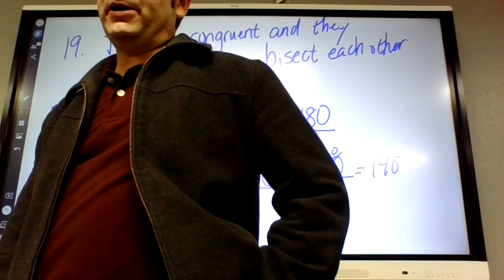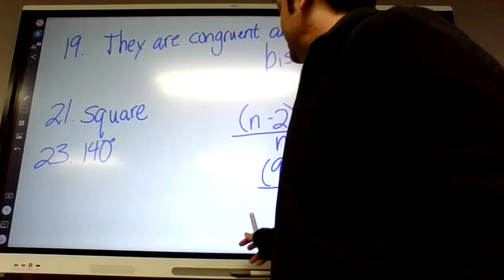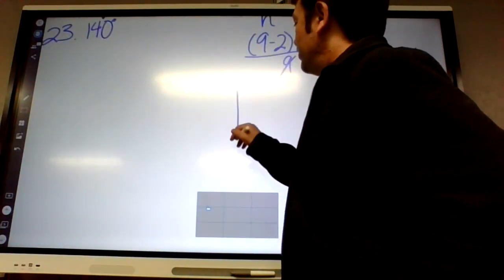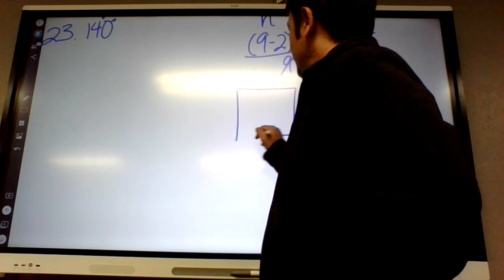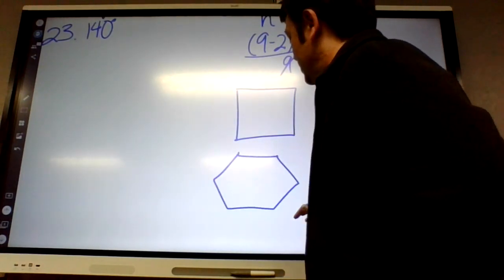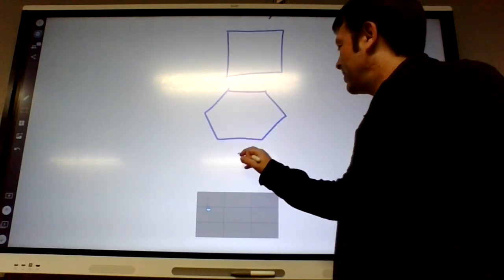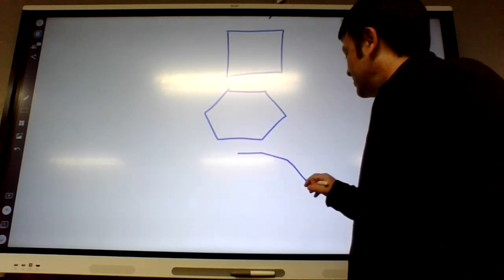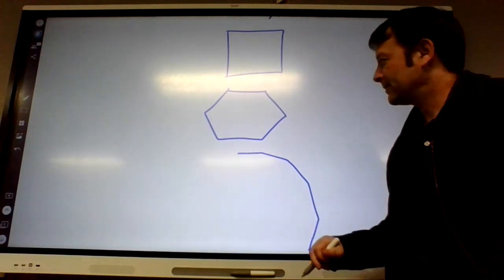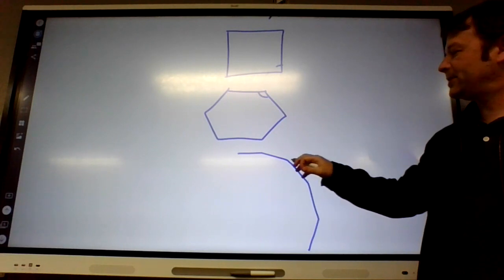For 25, I know I did an assignment, but let me see if you guys can figure this out. What happens to the angles as you add more and more sides? The angles get bigger. What's happening to the angles here?